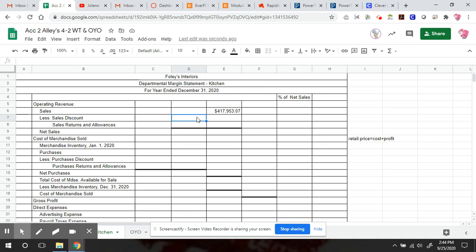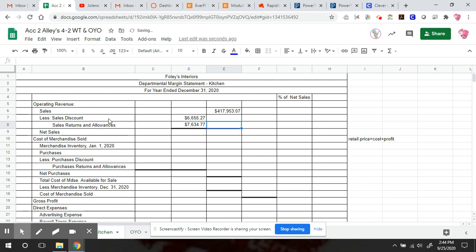The next number is sales discount on the very next line of the trial balance, $6,655.27. Right below it is sales returns and allowances, $7,634.77. We subtract both of these off of sales.